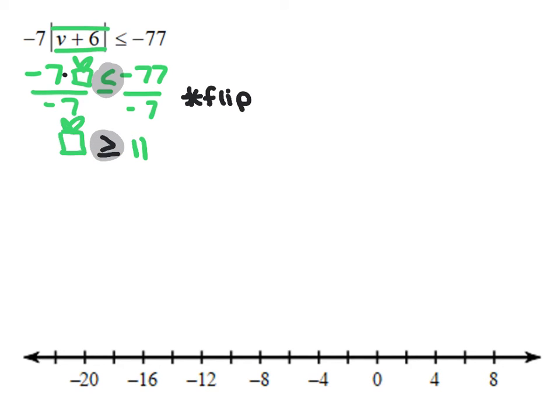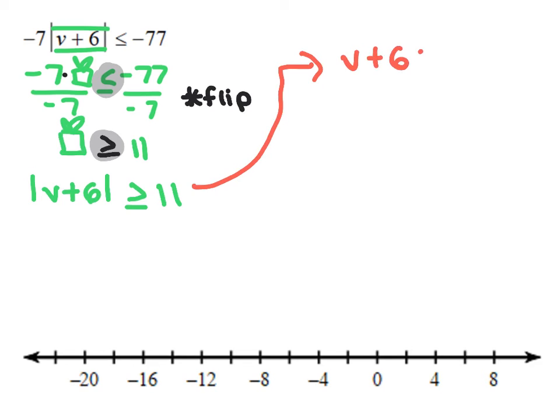Now we can rewrite this as the absolute value of v plus 6 is greater than or equal to 11, which we can write as our two separate inequalities. So we'll have v plus 6 is greater than or equal to 11, and v plus 6 is less than or equal to negative 11.